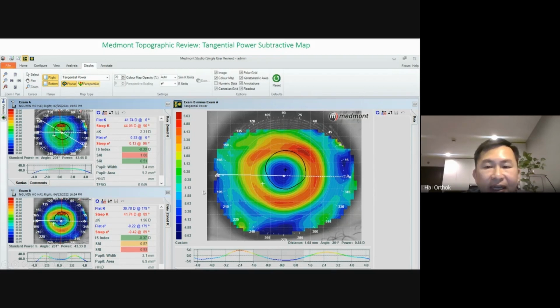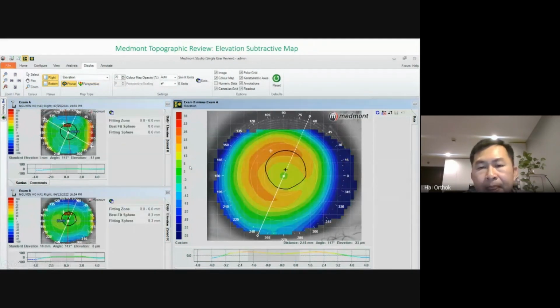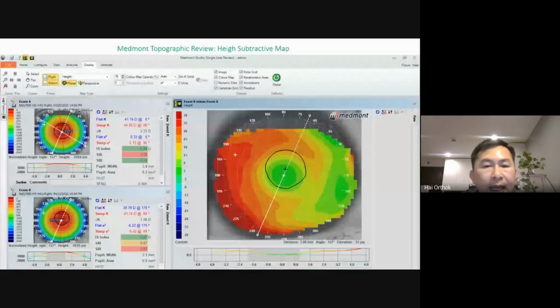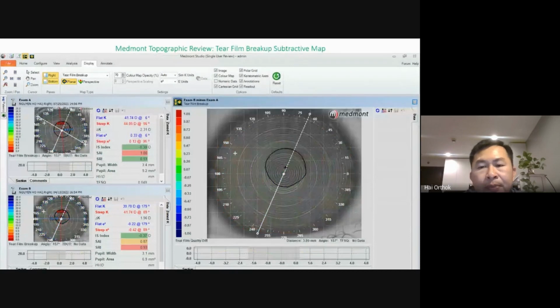Then we can see the centration of the lens very well by the tangential power. We can see the elevation map to see the height right here and the low area right here, to troubleshoot according to the height of the cornea if needed. And then we can see the height of the cornea in general.